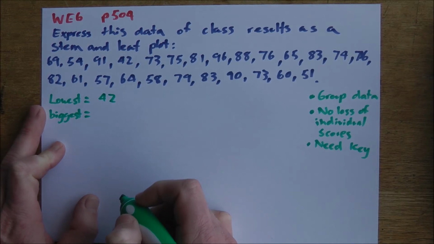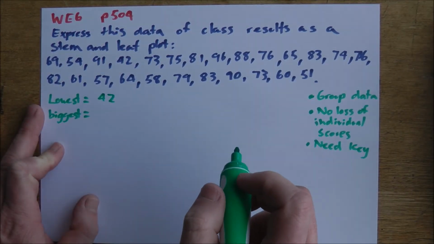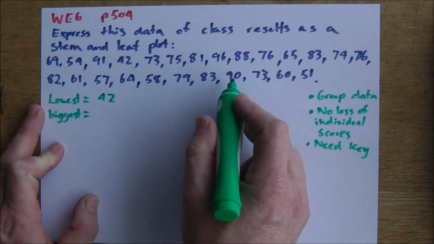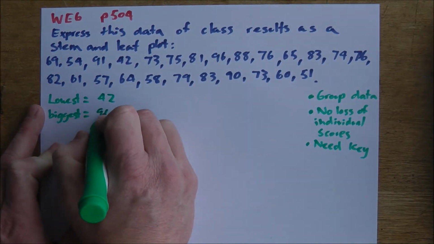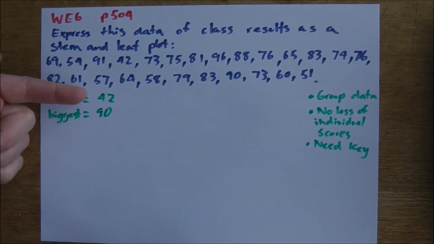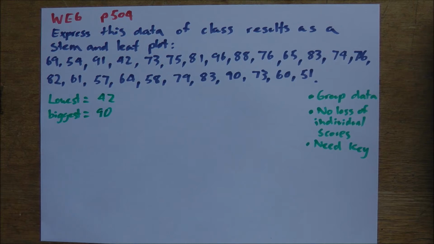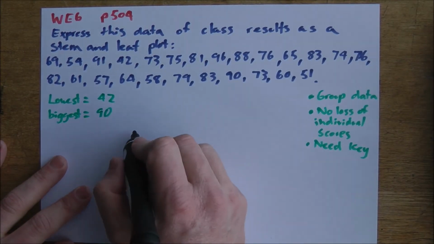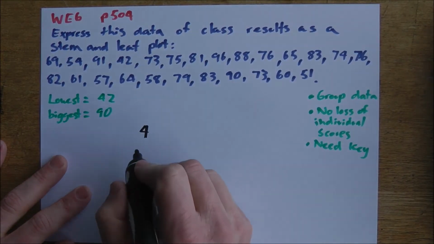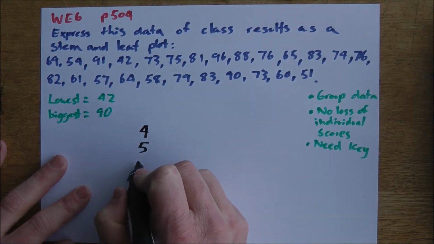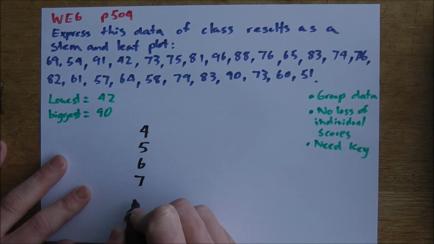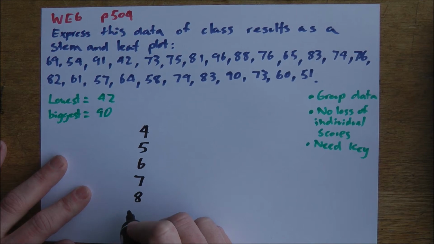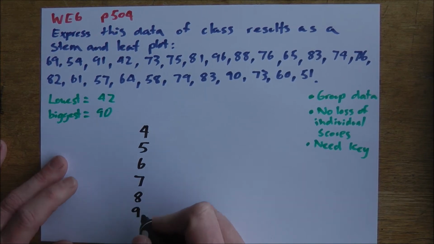My biggest number, if I look through all my data, must be 90. So my data's got to go between the 40s and the 90s. We're using an interval size of 10. So we start with a stem: 4 to represent 40s, 5 for 50s, 6, 7, 8, and 9 for the 90s.